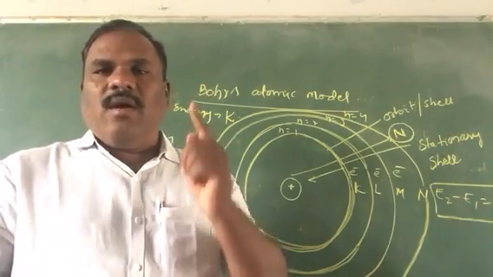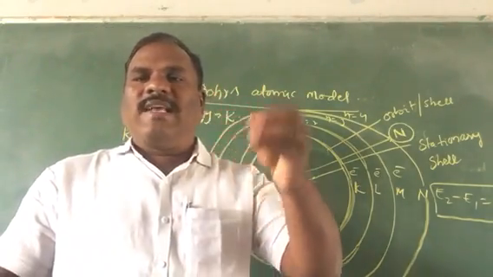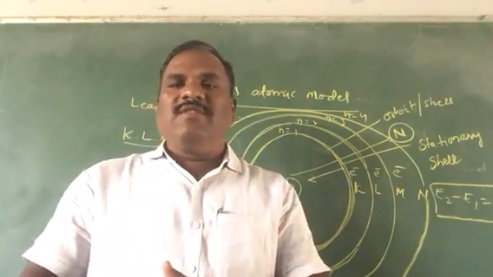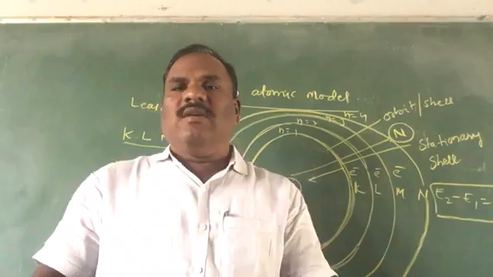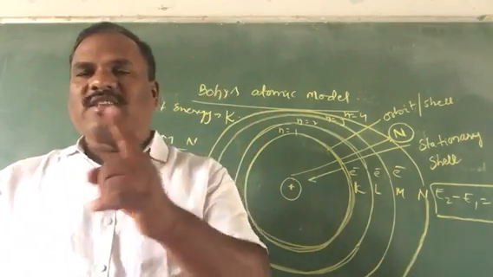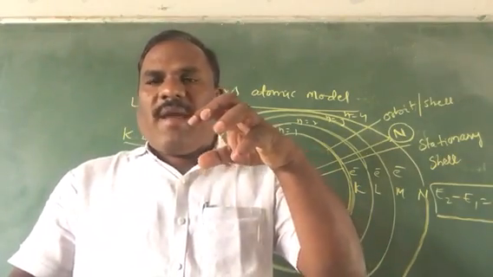For example, it is applicable only to hydrogen, but it could not explain the spectral lines of higher elements having more than one electron, that is helium, lithium, beryllium, boron, etc. So these are the major drawbacks.